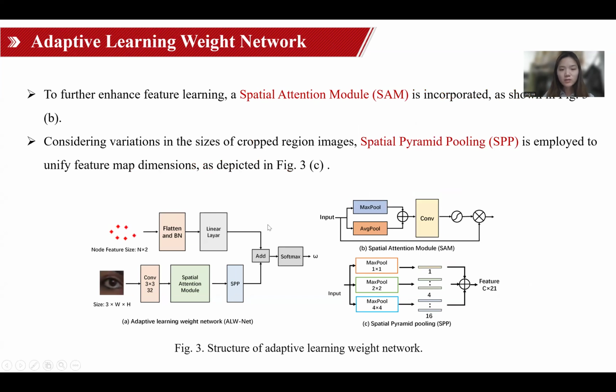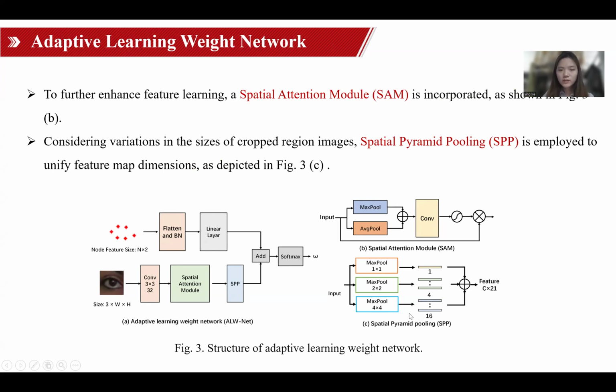Firstly, eye contour features are initially extracted using a 3x3 convolution with the number of convolution channels C of 32, a stride of 1, and a ReLU activation function. To further enhance feature learning, a spatial attention module, SAM, is incorporated, as shown in Fig. 3b. Considering variations in the sizes of cropped region images, spatial pyramid pooling, SPP, is employed to unify feature map dimensions as depicted in Fig. 3c.